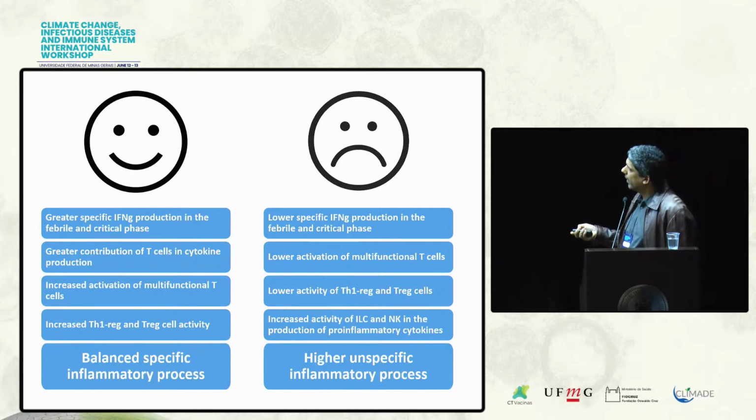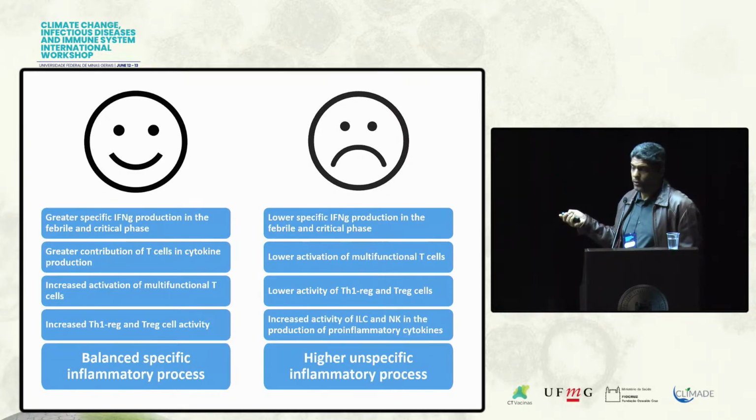Ricardo was one of the first to describe this, and it has now been described for many other diseases. And you want to have a balance between the specific and the inflammatory process.